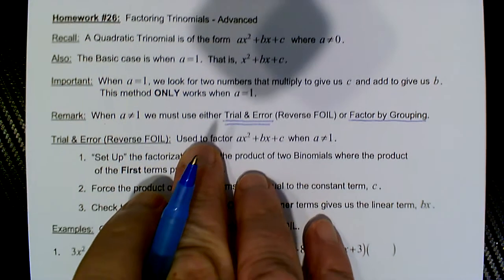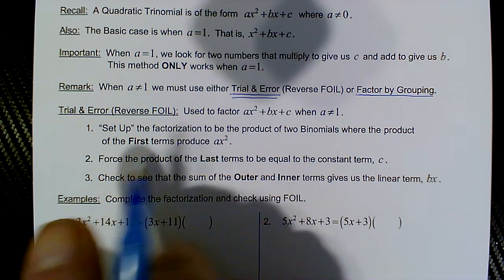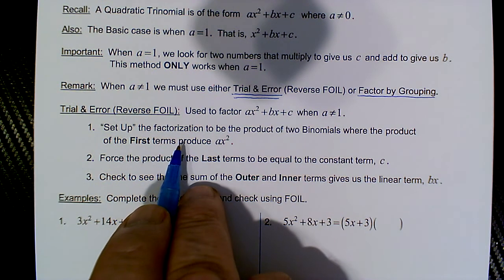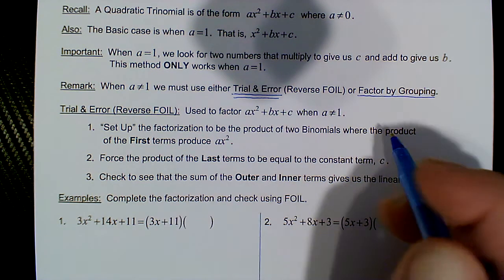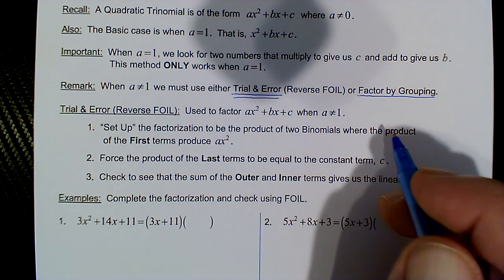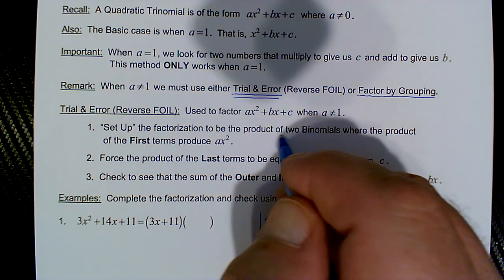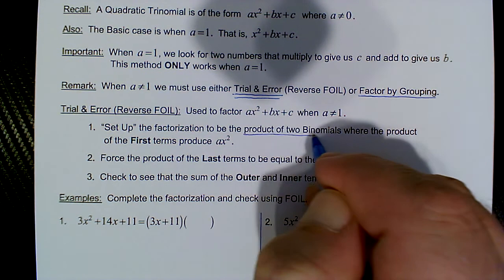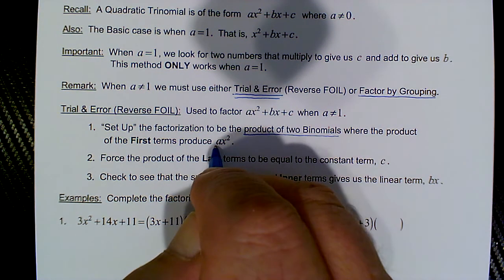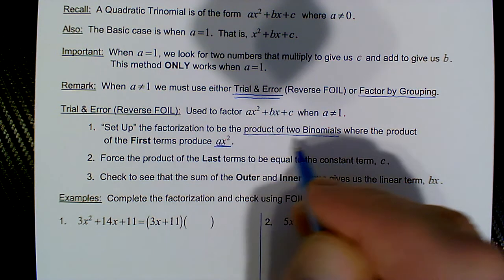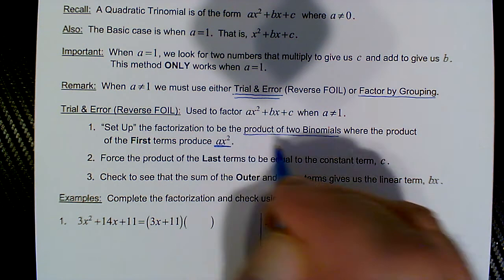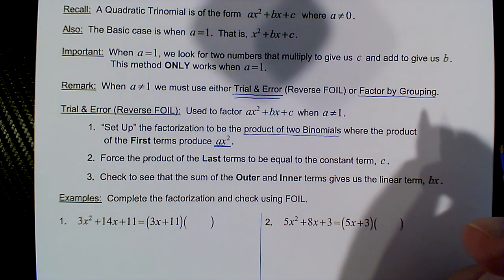So here's a procedure. We're going to set up the factorization to be the product of two binomials once again, but where the first terms are going to produce ax squared. So rather than just x squared, they have to multiply to give us ax squared.